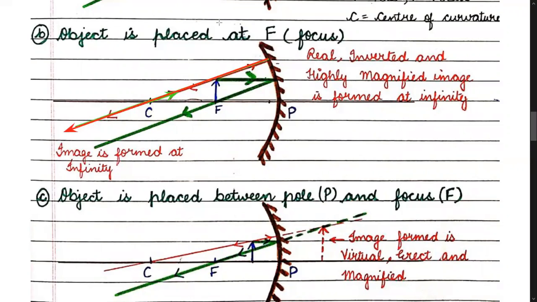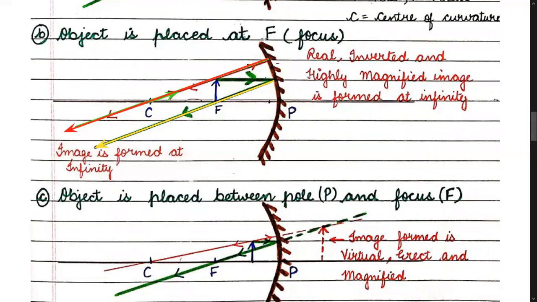Now students, if you see the diagram, the two reflected rays, are they intersecting at any point? No, they are not intersecting. These kind of rays which never meet are known as parallel lines. And students, in such a case, we say that the object, when placed at focus, forms an image at a very far away point.